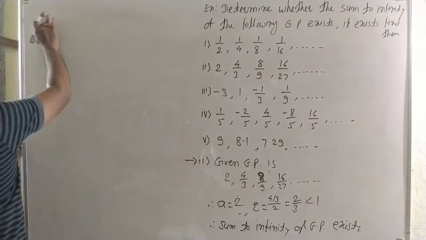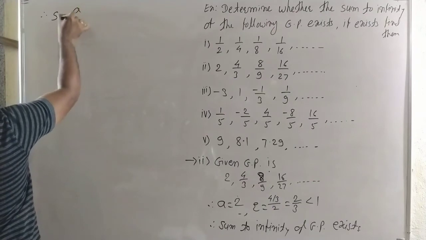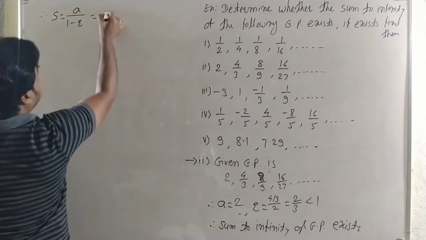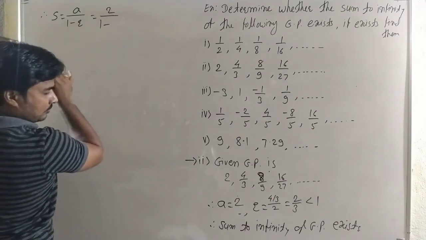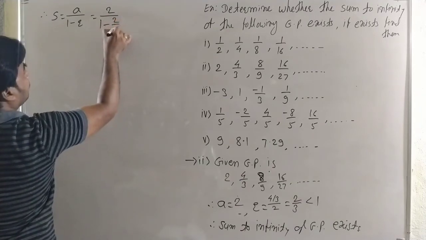So we find S is equal to A upon 1 minus R, and A is 2, so 2 upon 1 minus 2/3.